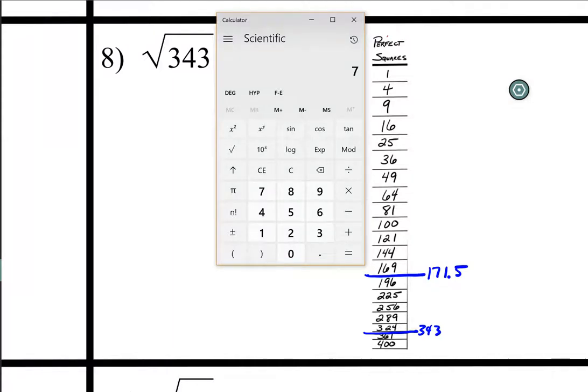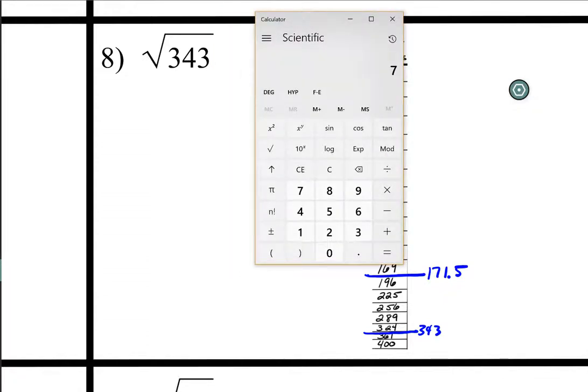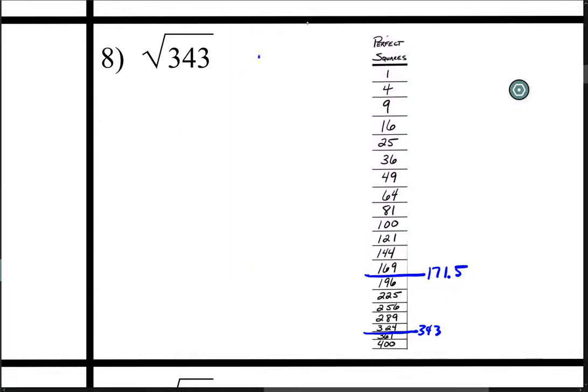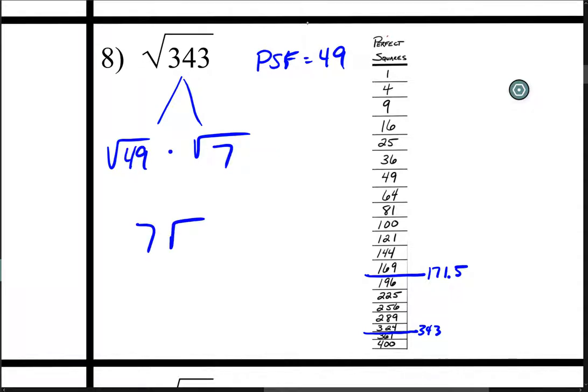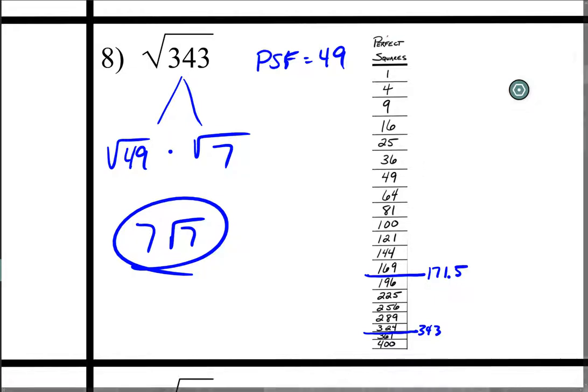But did we really have to go through that many? No. So your perfect square factor is 49. And you know 49 times 7. 7 square roots of 7 is your answer. I'll post this. Good job, guys. Be ready to work tomorrow.